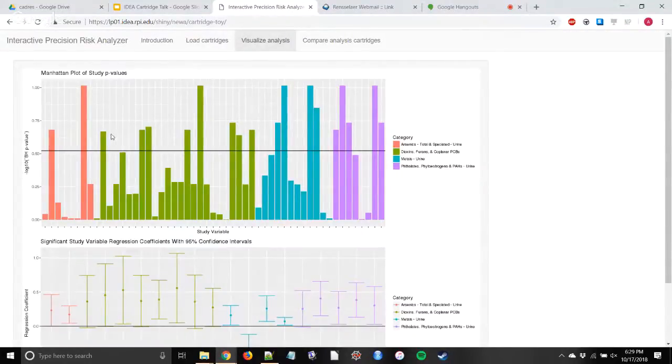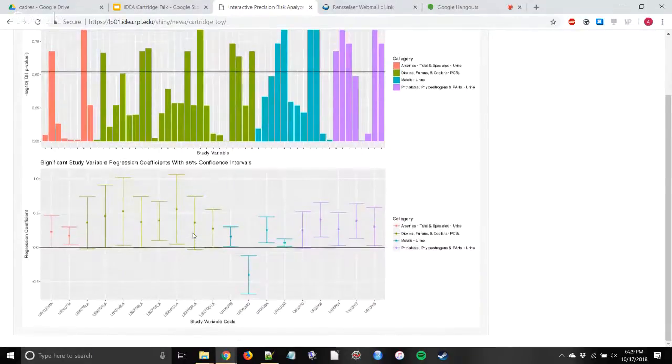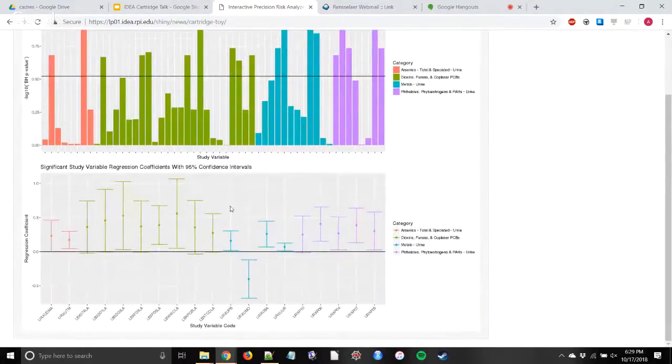Here we're just looking at the distribution of p-values, which is a common technique. The bars above this line are ones we think are significant at our chosen threshold. Then we can look at the actual effects, which are these regression coefficients. Here we automatically color points by the categories, so we can see there are a lot of dioxins that have a positive association with hypertension, and there are also a lot of these phthalates.